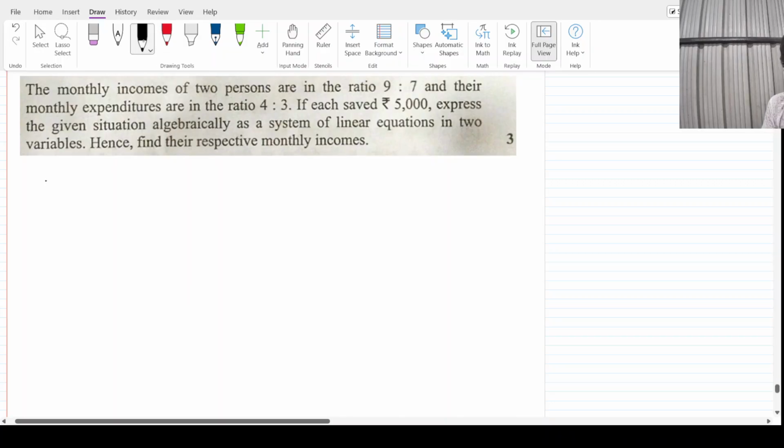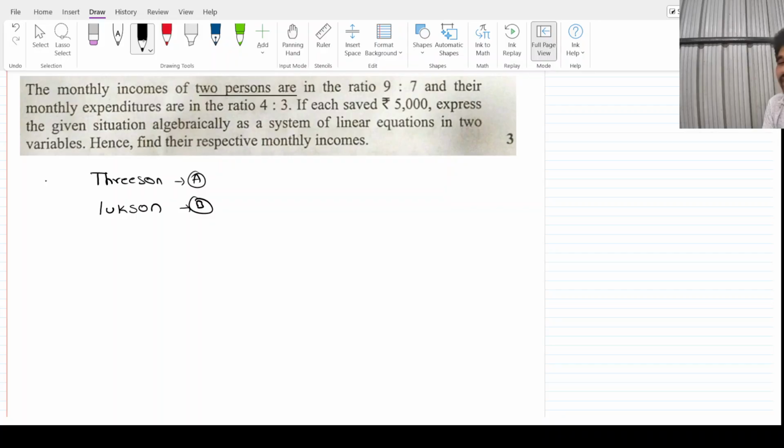What is the question? The monthly income of two persons. Two persons whom we will take? Nilesh, okay, Nilesh. Three son and Luxan are the two persons.